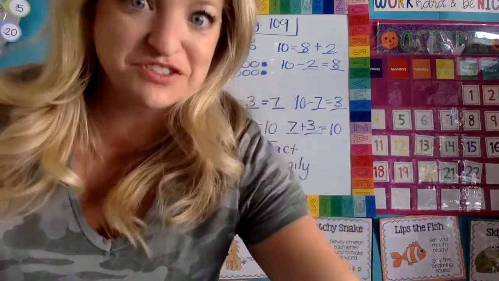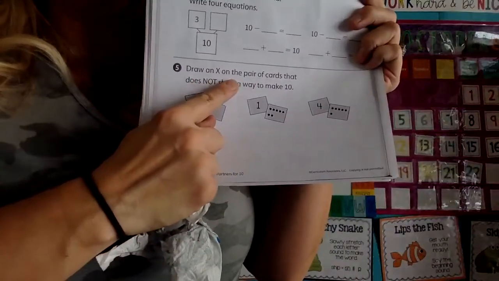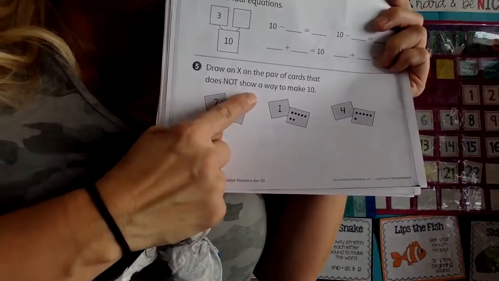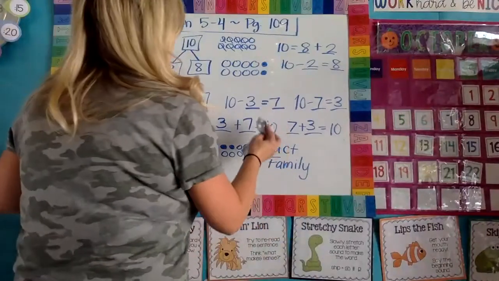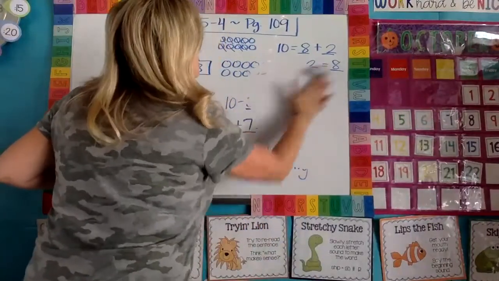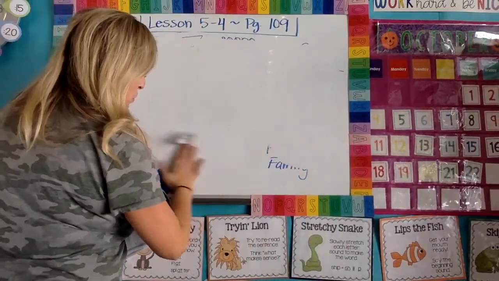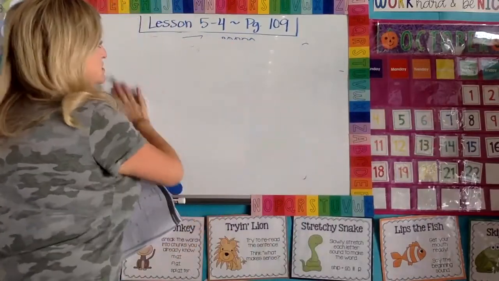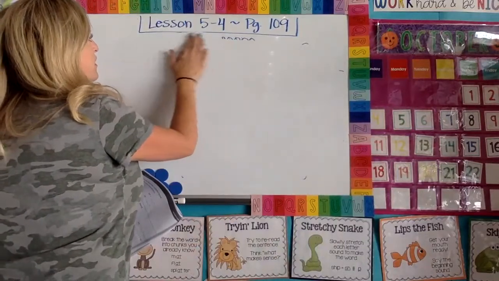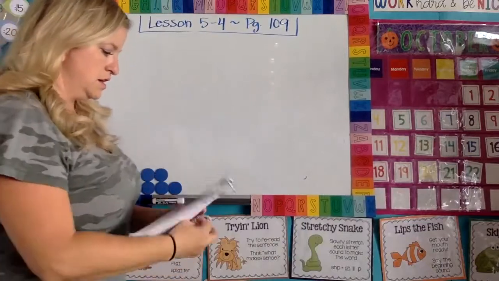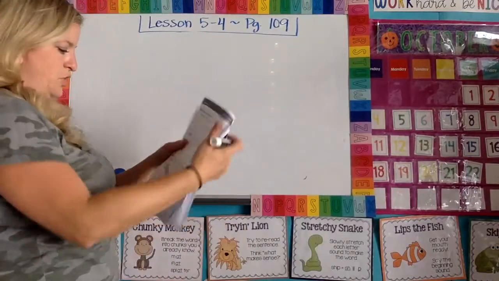Ooh, number 5 looks fun. It says, draw an X on the pair of cards that does not show a way to make 10. Ooh, all right. So I'm going to erase this. I'm going to erase this. And then I'm going to draw my card.